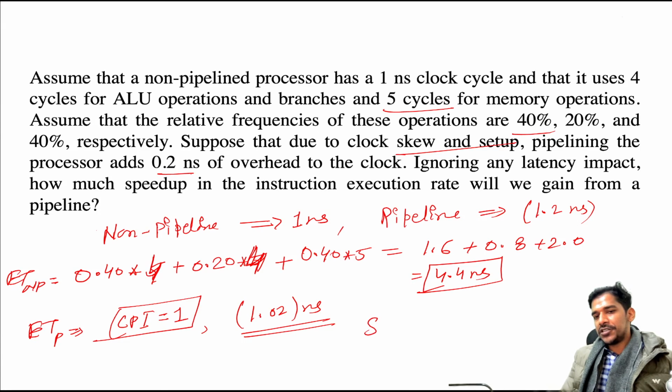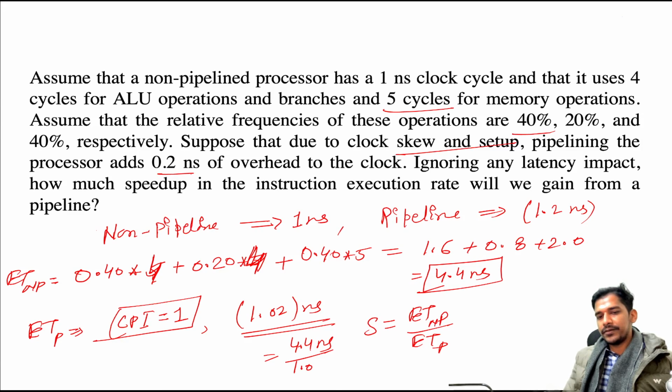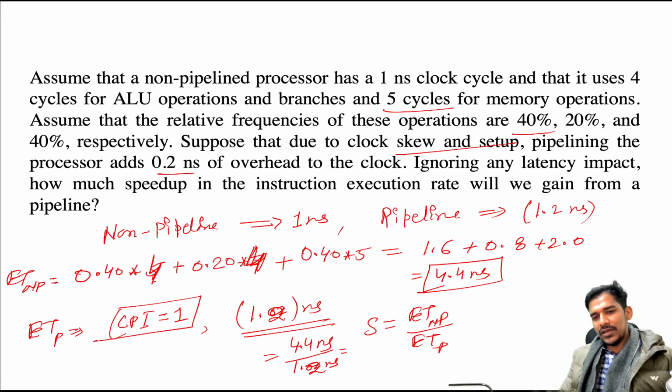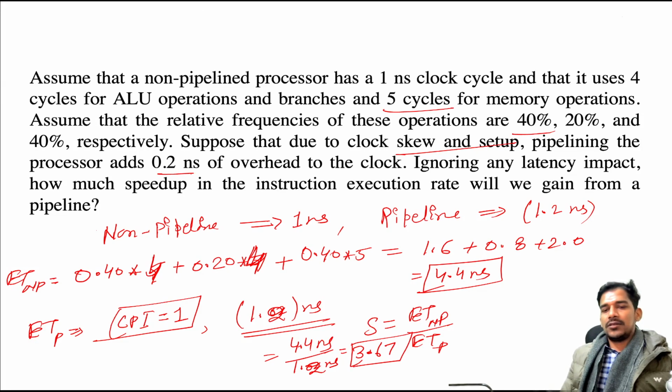So speed up will be execution time in non-pipelining processor divided by execution time in pipelining processor, and that will be 4.4 nanoseconds divided by 1.2 nanoseconds. So this will come out around 3.67 speed up. That means your pipelining processor in this case will be 3.67 times faster than the non-pipelining processor.